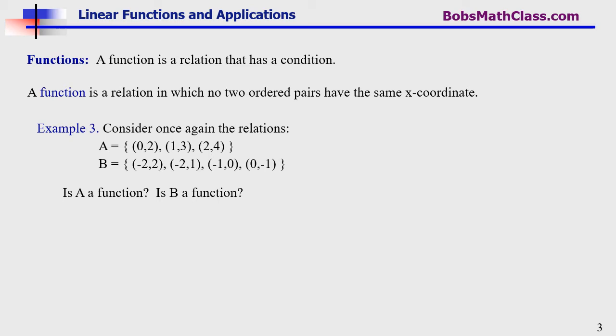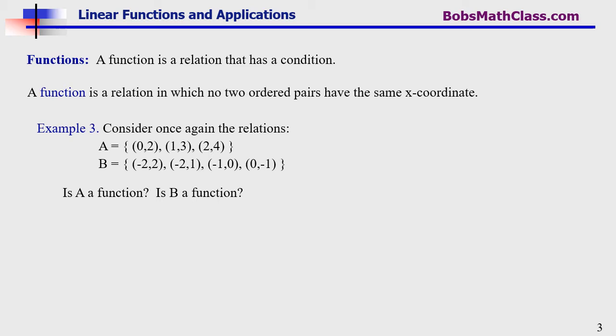No two ordered pairs can have the same x coordinate. So let's look at A. What are the x coordinates? 0, 1, and 2. Do either one of those coordinates have the same x value? No. Therefore, A is a function.